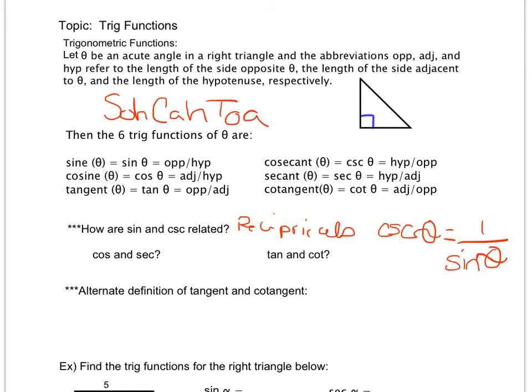I could also say that sine is equal to 1 over cosecant. We don't say that as much. We tend to want to write things in terms of sines and cosines if possible. I can also say that secant is 1 over cosine, and I can also say that cotangent is 1 over tangent.